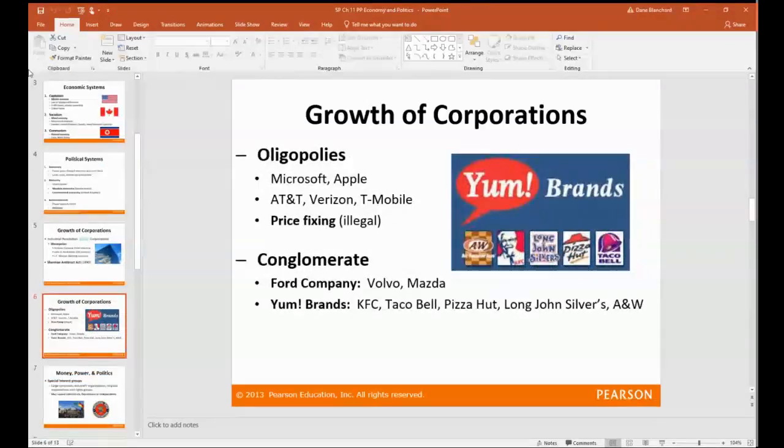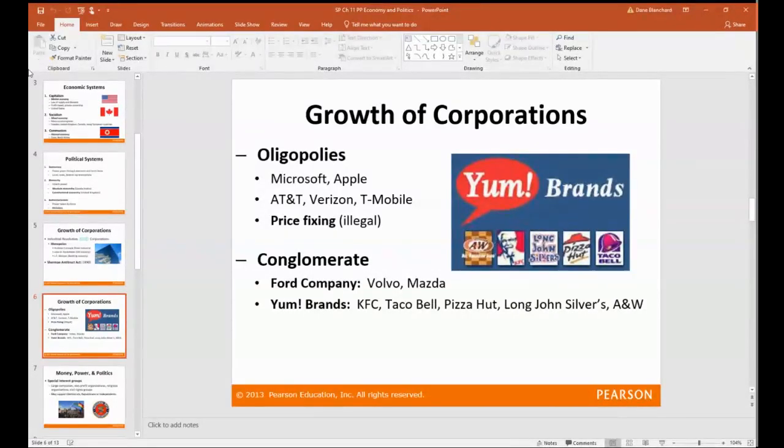Whenever monopolies tend to break up, sometimes they will form what's known as oligopolies. And there are many oligopolies here in the United States. An oligopoly is whenever you have multiple companies and corporations that will have a lot of control over particular industries, but they're still competing with each other.